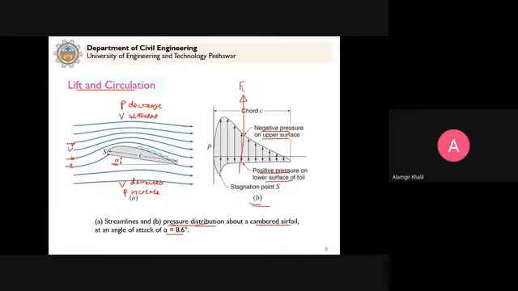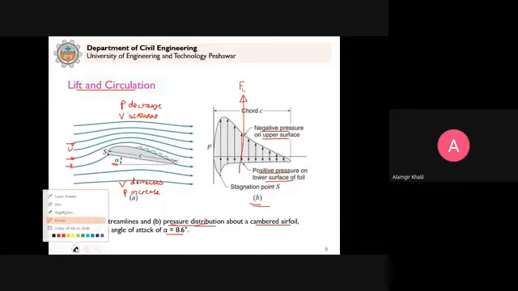Very important: if we have high pressure here, the force is upward. But if you modify the shape and have low pressure here and high pressure at the top, then the force will be acting downward. So it depends on the shape of the body and flow conditions. I will give you examples for this later in this lecture.